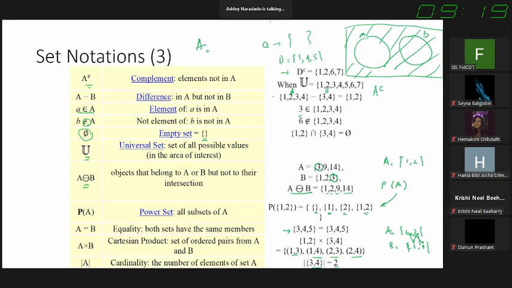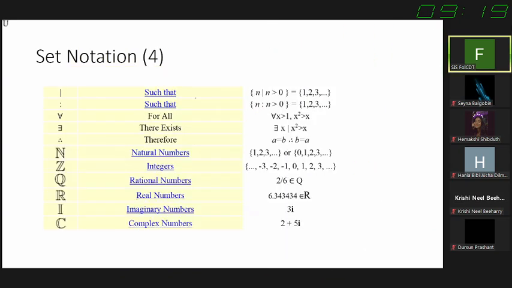Yes, sir. Good. It's good you clarified before we move on to the next part. Set notation. This stands for such that. This also stands for such that. This is extremely important for predicates and so on. This stands for all. If we say this x, this stands for all x's.